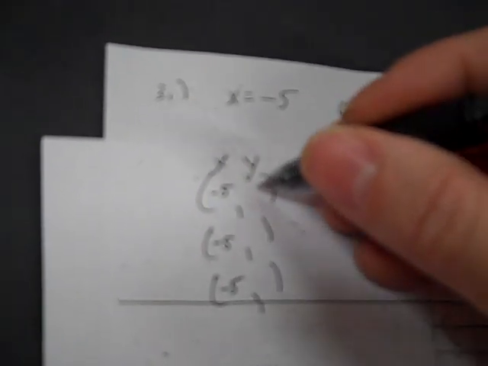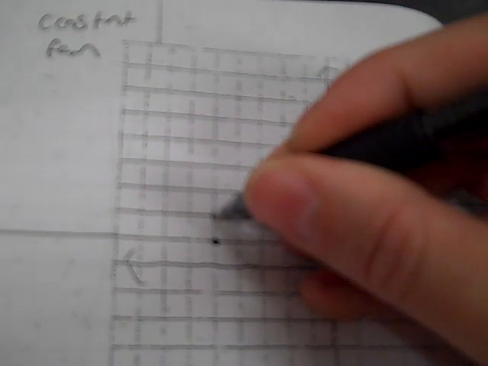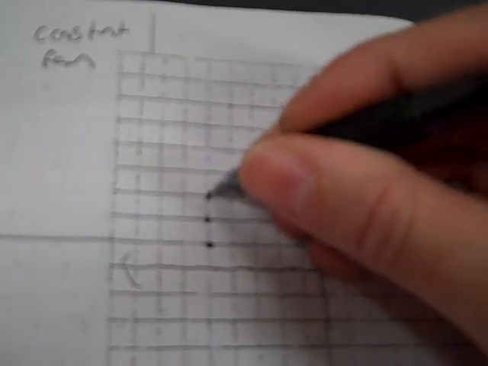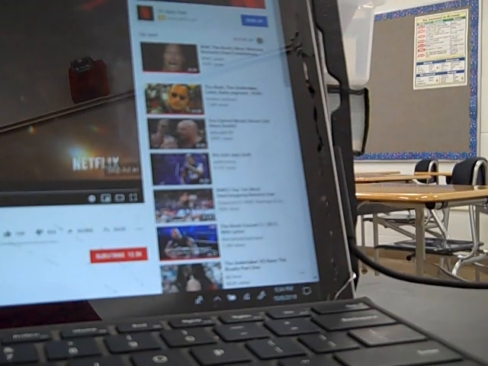And then y can be whatever I want. 1, 2, 3. So I go backwards 5 up 1, backwards 5 up 2, backwards 5 up 3. And the line is constantly at negative 5 for my x coordinate. Okay, that's why it's called constant.